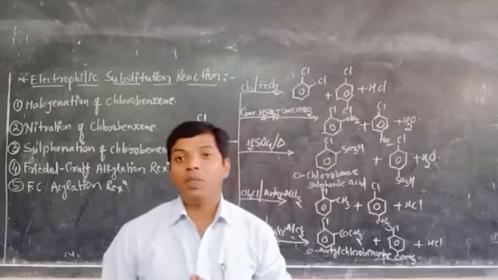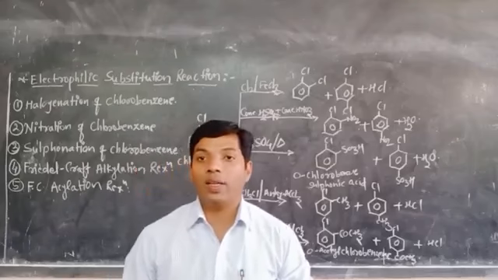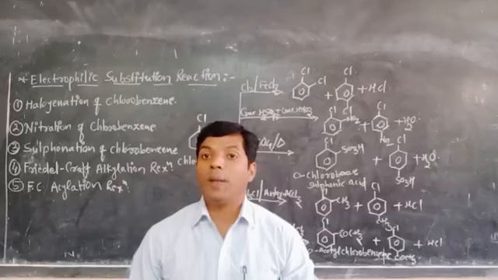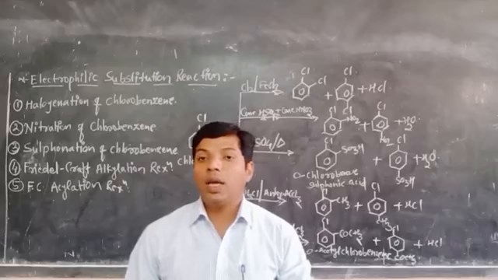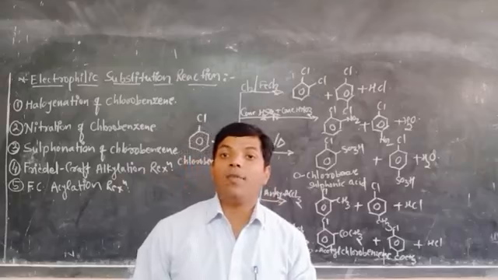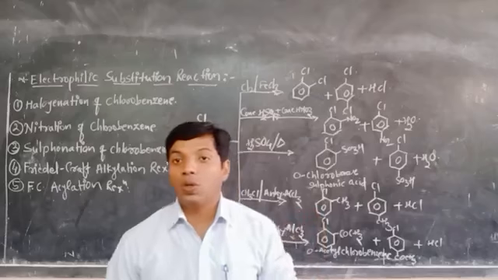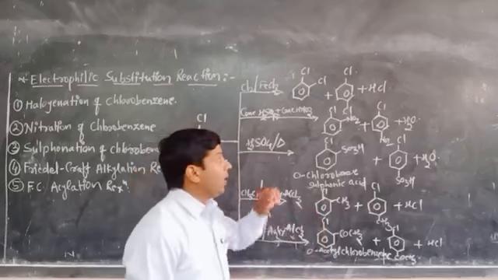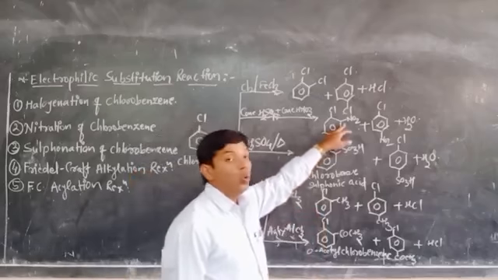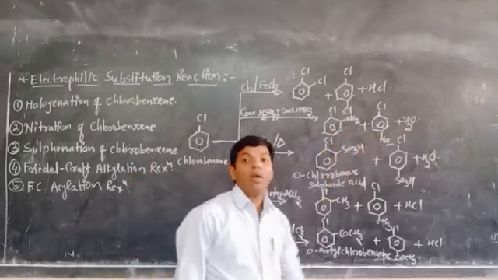This nitrating mixture leads to the formation of NO2+ as an electrophile, that is called the nitronium ion. When chlorobenzene undergoes nitration, the nitronium ion NO2+ will attack at the ortho and para positions. So as products, you will get 2-nitrochlorobenzene and 4-nitrochlorobenzene, plus a water molecule.